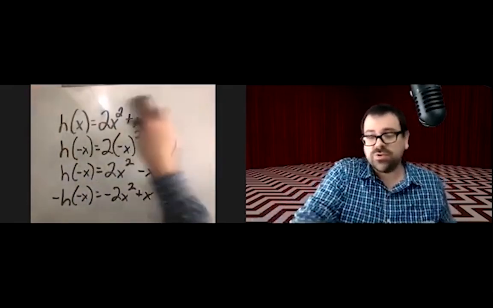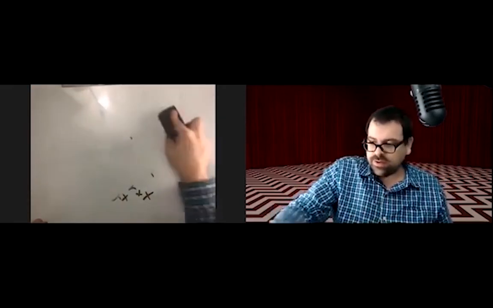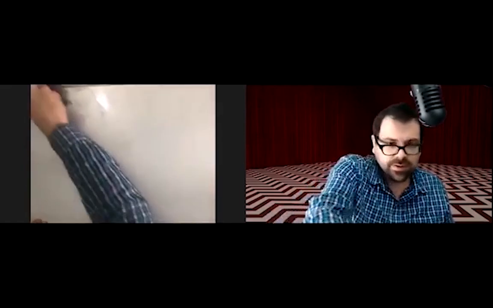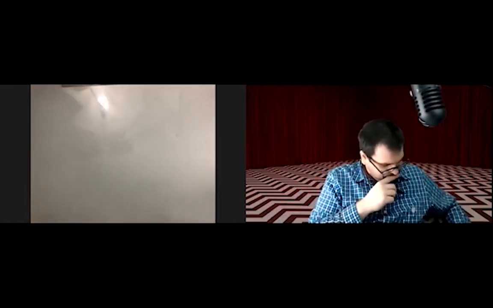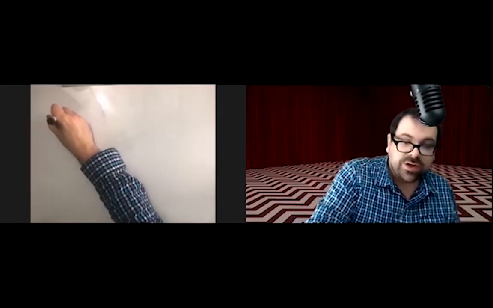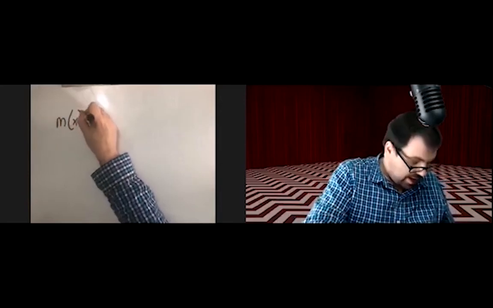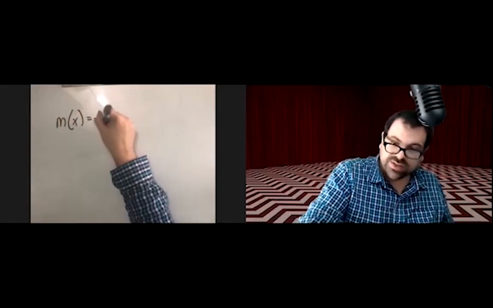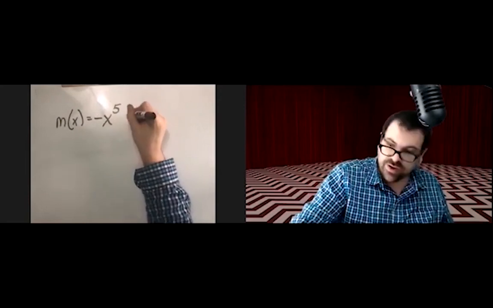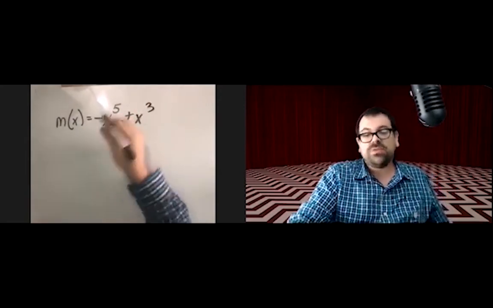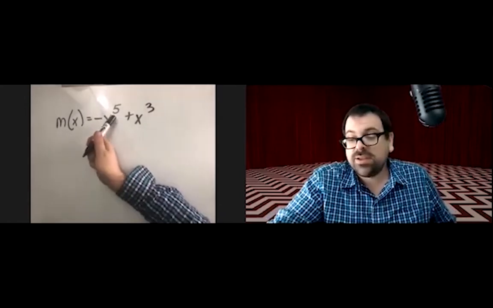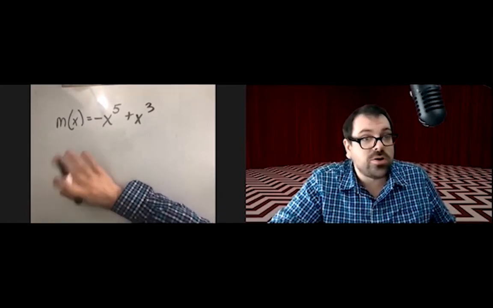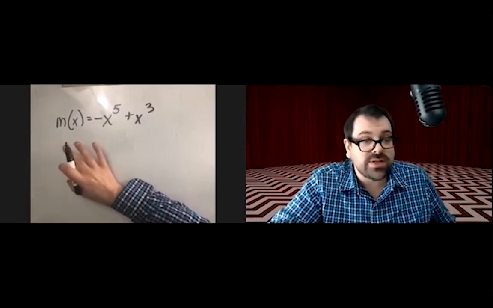Let's go ahead and do another round of these. Let's take a look at m of x equals negative x to the fifth plus x cubed. First of all, let's take a look at all of our exponents. They're all odd. Our shortcut's going to say this one's odd.